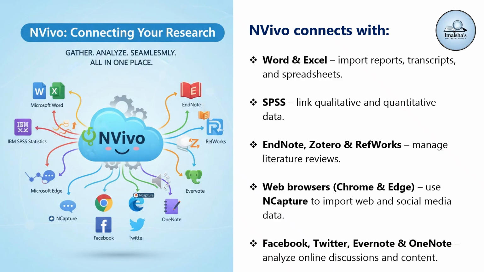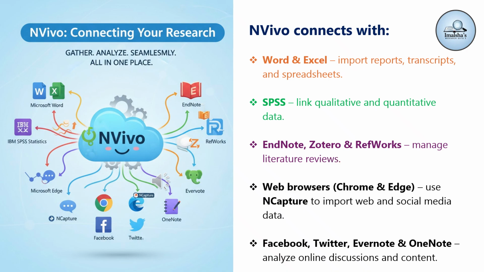For example, you can bring in Word documents and Excel files like reports, interview transcripts or spreadsheets. If you use SPSS, NVivo can connect with it so you can combine your numbers with your qualitative data. For literature reviews, it works with tools like EndNote, Zotero or RefWorks. You can link all your references directly.